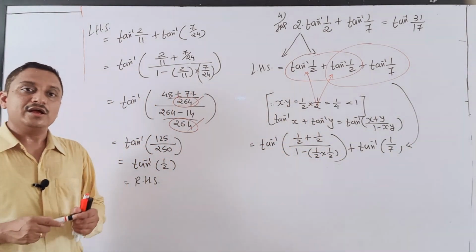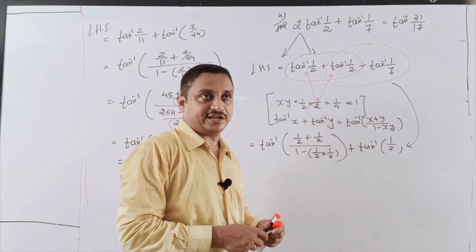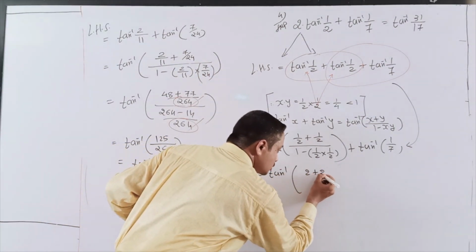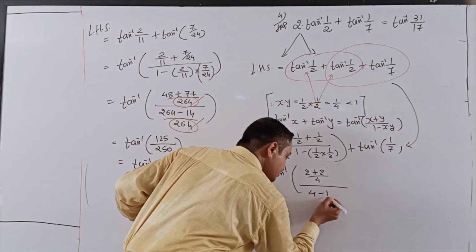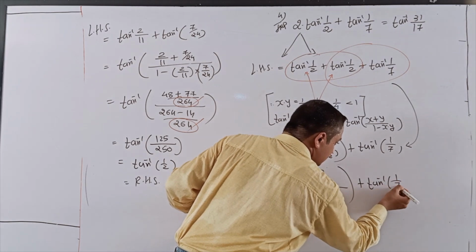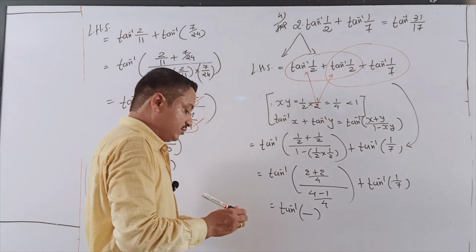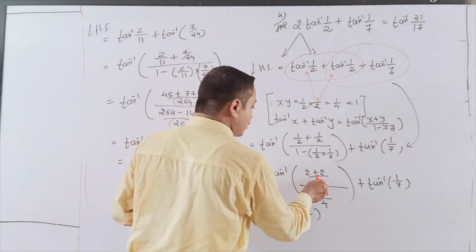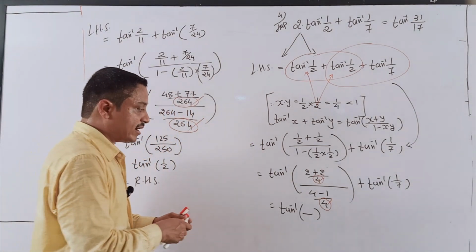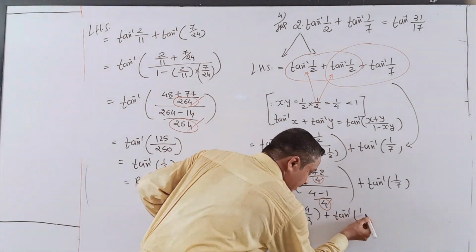Okay. Now, this 2 and 2 total 4, and we are also taking 4 LCM. So students, I am just taking out 4 LCM, 2 plus 2 by 4, and here 4 minus 1 by 4. Other data as it is. So finally, what you get? Yes, these two values are cancelled, 4 and 4. Other are 2 plus 2, 4 by 3, and here tan inverse 1/7.